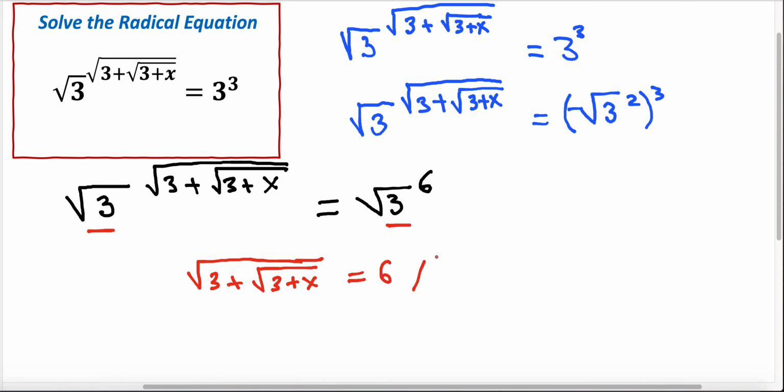And what I'm doing here, I'm going to square both sides. If I'm squaring both sides, this side and this side here, let me square both sides, and I'm squaring this side here. And now, square here with this square can simplify. What remains here is 3 plus a square root of 3 plus x.